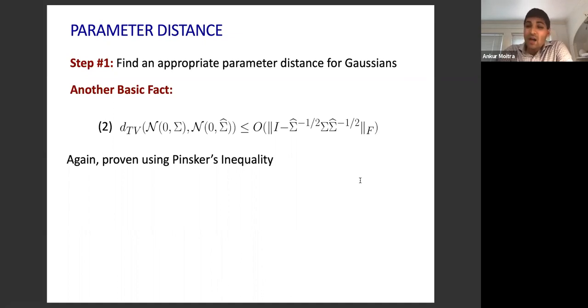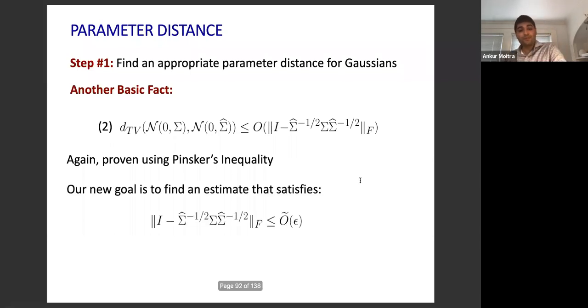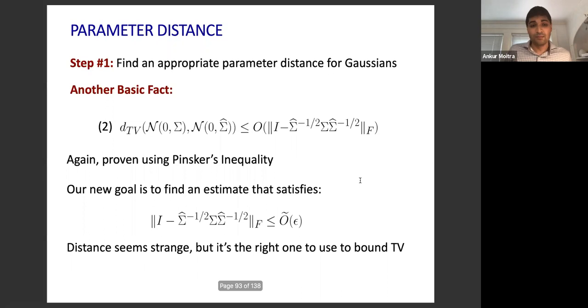It turns out this Mahalanobis distance is actually the right thing, because that's the only thing where you'll be able to remove these dimension-dependent factors. So that's our new goal: we just want a provably robust estimate for the covariance that satisfies that the Mahalanobis distance is O tilde of epsilon. That's our goal. The distance seems strange, but I claim it's the right one to use.